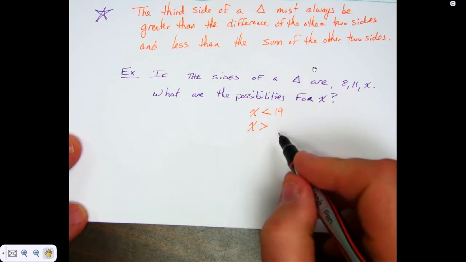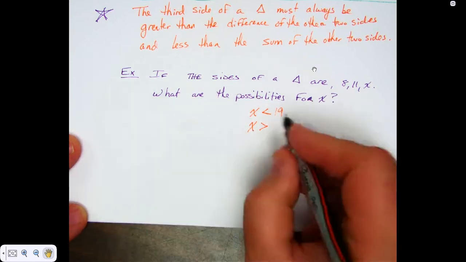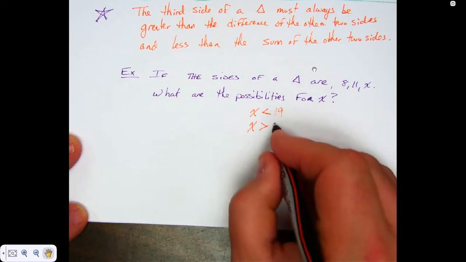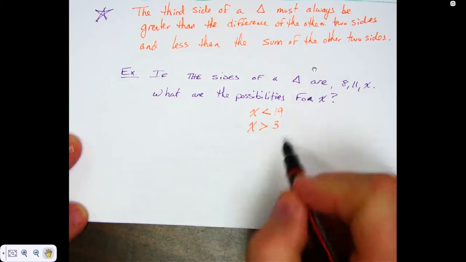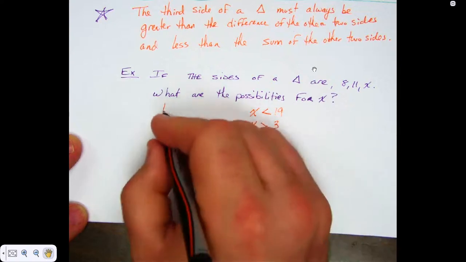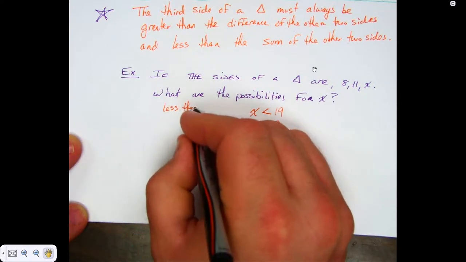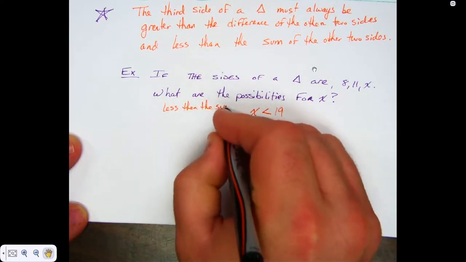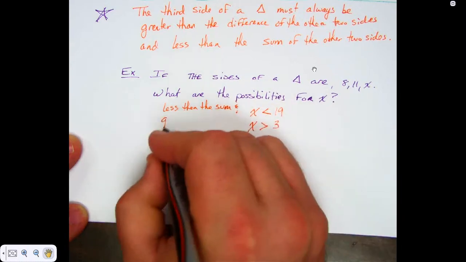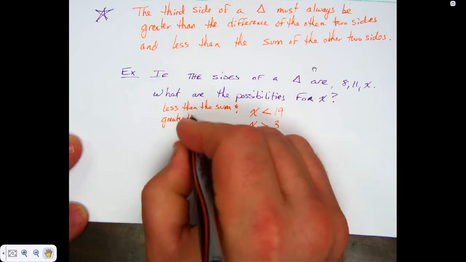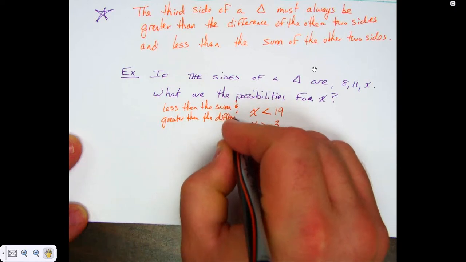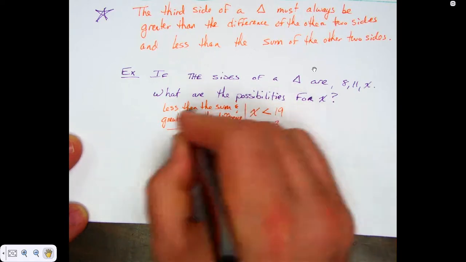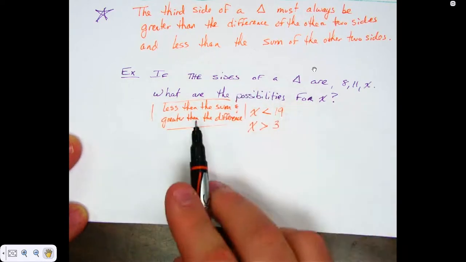What's the difference? 11 minus 8 is 3. Less than the sum, greater than the what? Difference. Now, I will expect you to write your answers as a compound inequality.